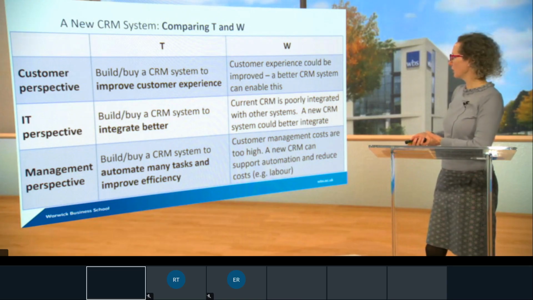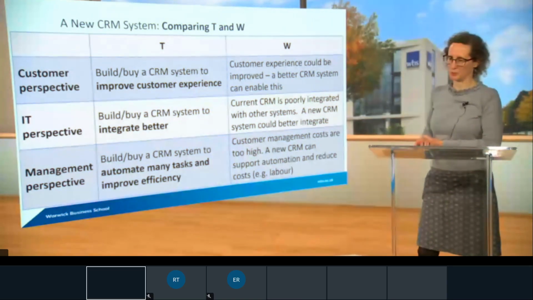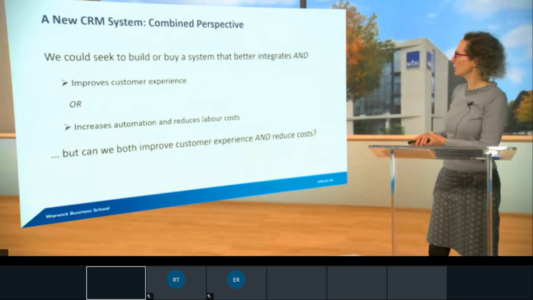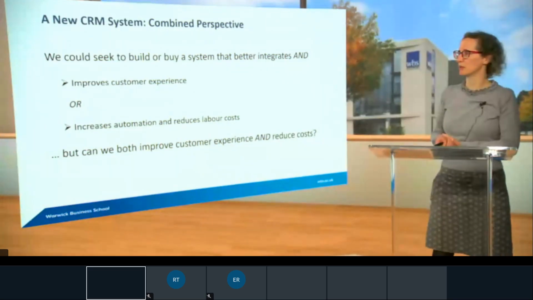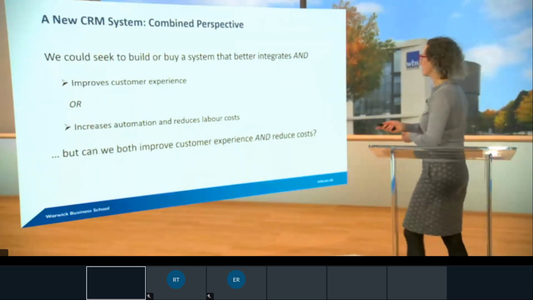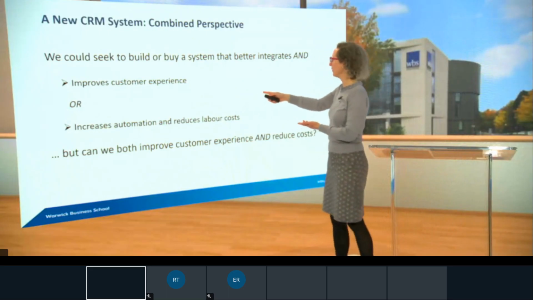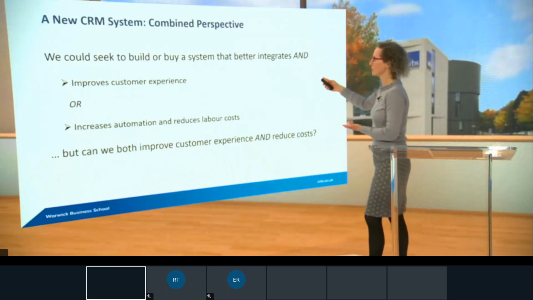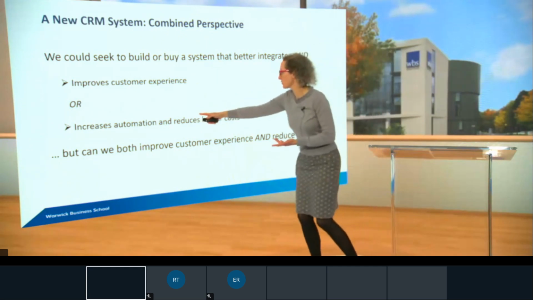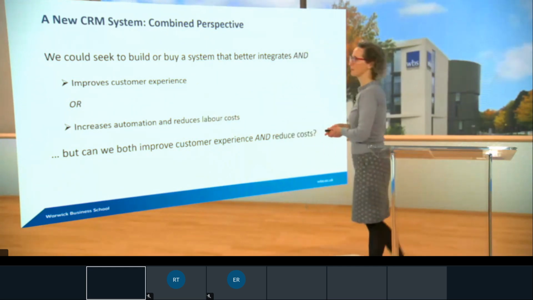So as we look at these T's and W's here, actually, we have a bit of a dilemma, don't we? Because we could seek to build or buy a system that better integrates and improves the customer experience, or a system that better integrates and increases automation to reduce labour costs.